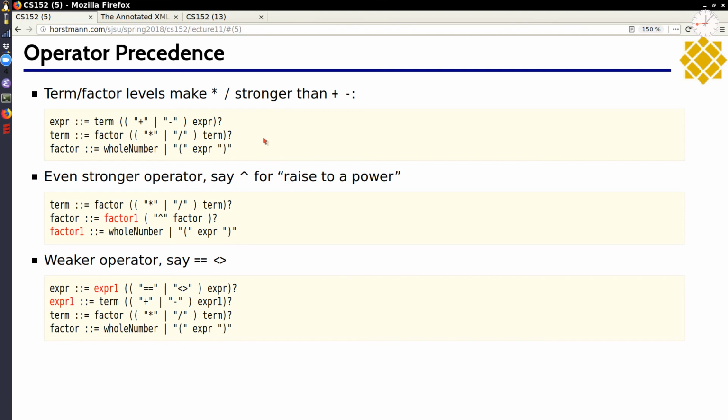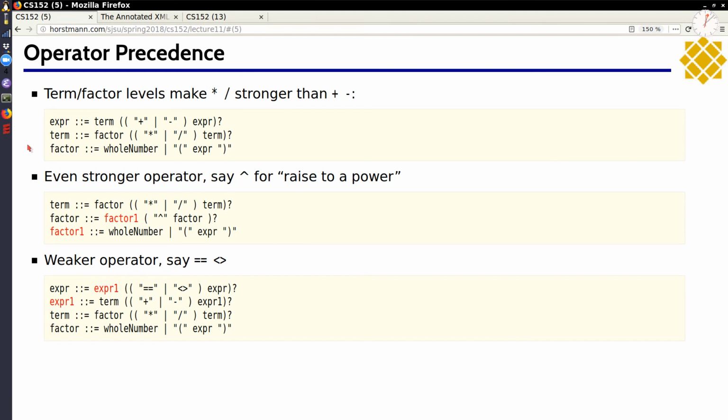We layer the parsing by saying an expression is a sum or difference of terms, and a term is a product or quotient of factors. And by going from expression to term to factor in this layered order, we get that multiplication binds strong.